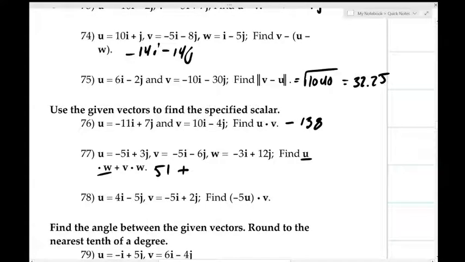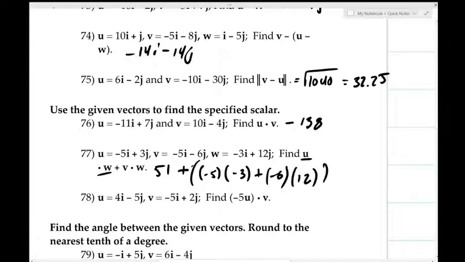All of that plus v dot w. Now this will be negative 5, negative 3, plus negative 6, and 12, right?